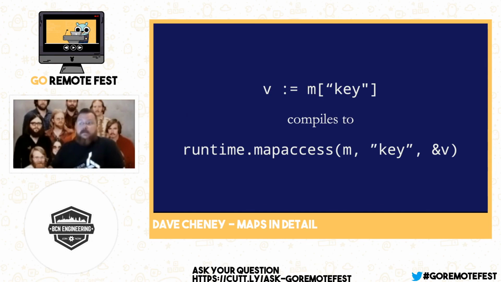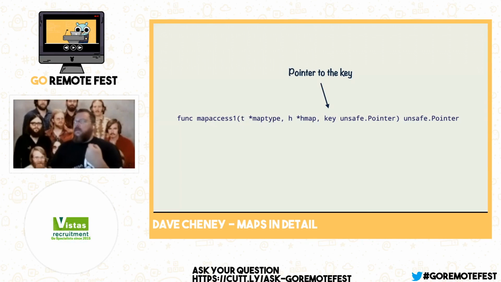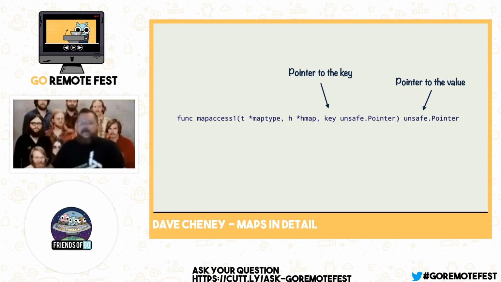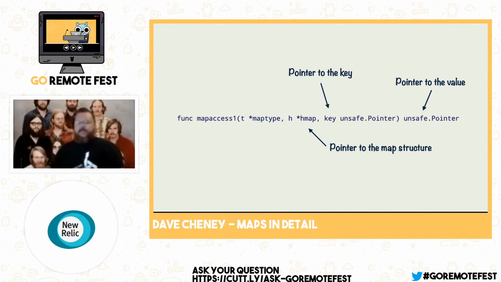Let's look at the source. This is the signature for map access one. We have a pointer to the key and a pointer to the value. We pass in the key, and we get back a pointer to the value. We have a pointer to the map structure, which makes sense: look in the Hmap for this key and return the value.